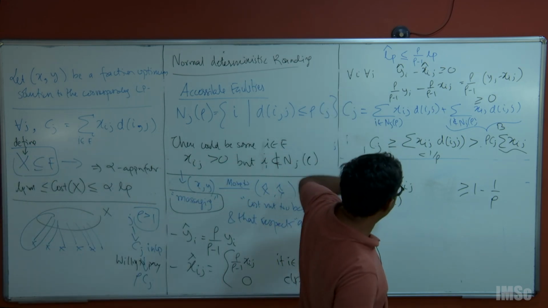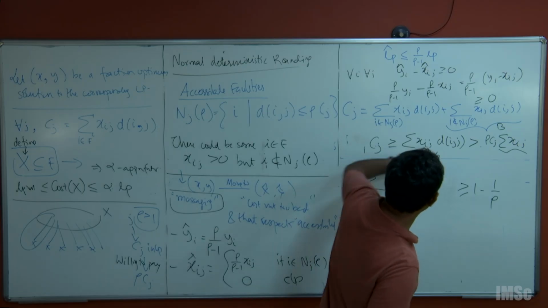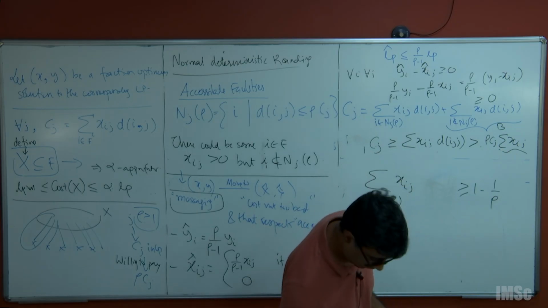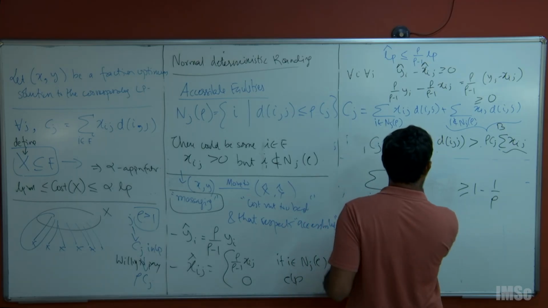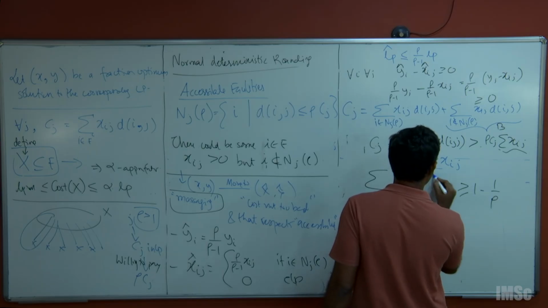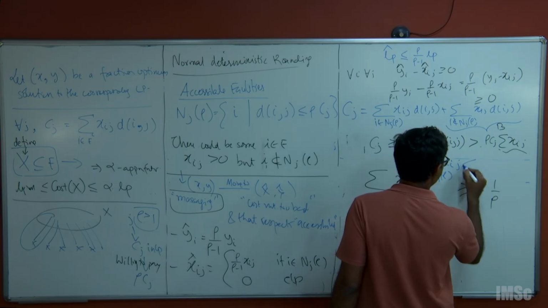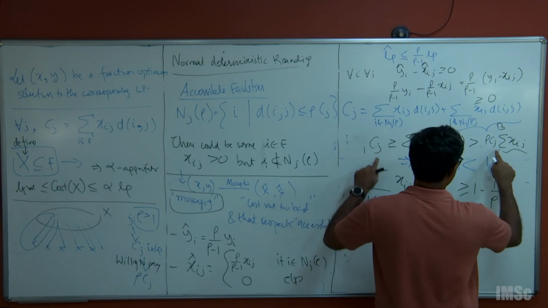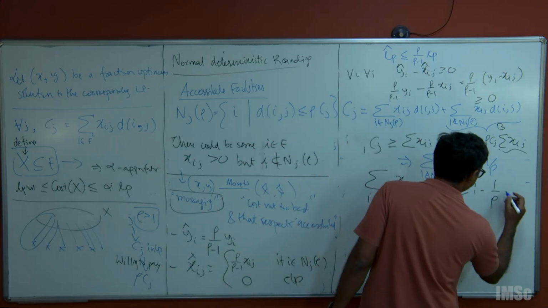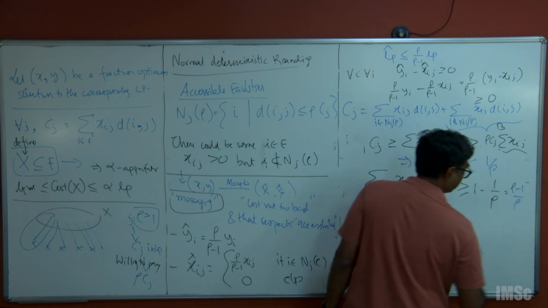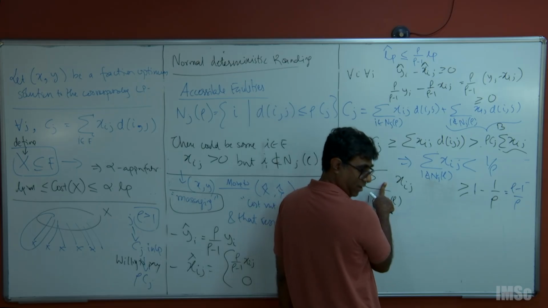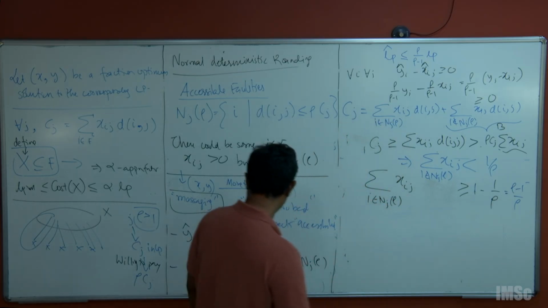What did I show using the proof? I showed that the summation of xij, i not in N_j, is less than or equal to 1 by rho. Cj will get cancelled. So this is at least 1 minus 1 by rho, which is equal to rho minus 1 by rho. Now if I multiply each quantity by rho minus 1, this will become 1, and that is why I have rho minus 1.